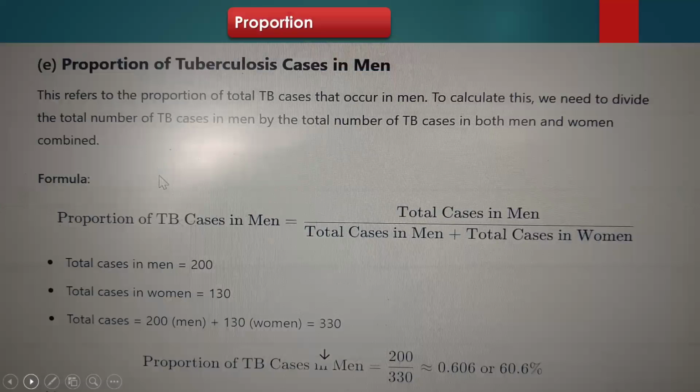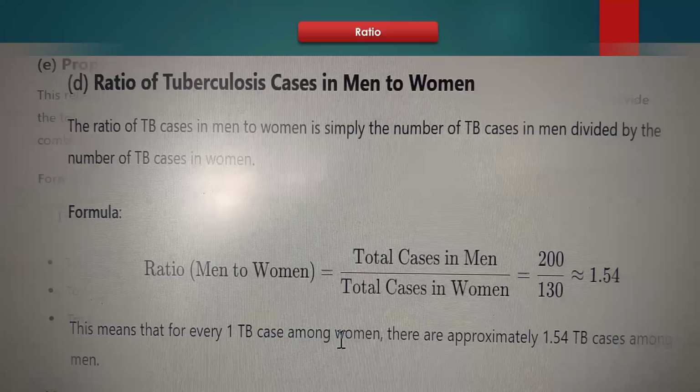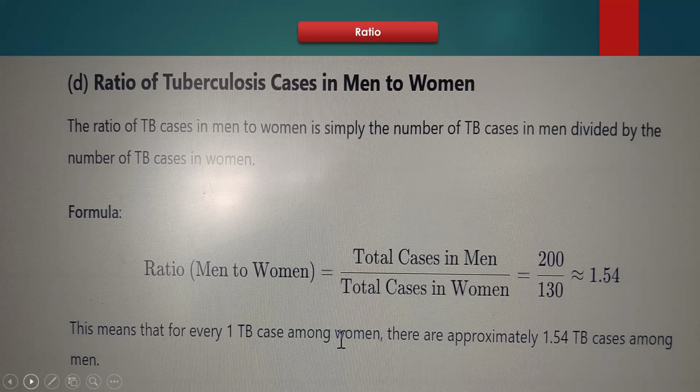Now, let's calculate the next, which is ratio of tuberculosis cases in men to women. The ratio of tuberculosis cases in men to women is simply the number of tuberculosis cases in men divided by the number of tuberculosis in women. And by the time you cancel out, we'll be having 1:1.54.